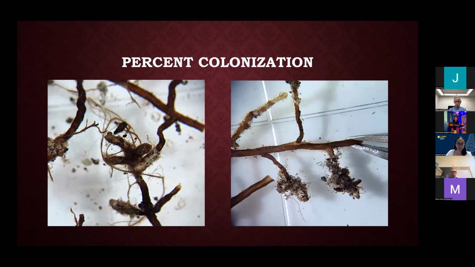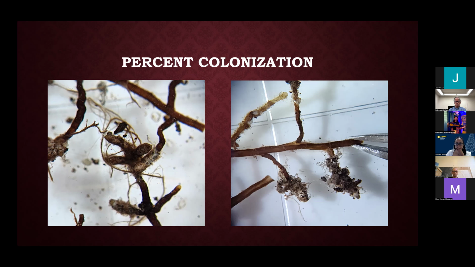It has this bulbous structure. Sometimes it's a fluffy white, like there on the right. Sometimes it's more of a dark color like you see on the left, and it just depends on the species of the fungi. But these are the structures that the fungi make that allow for the nutrients to transfer back and forth. And typically about 50% colonization is pretty average.